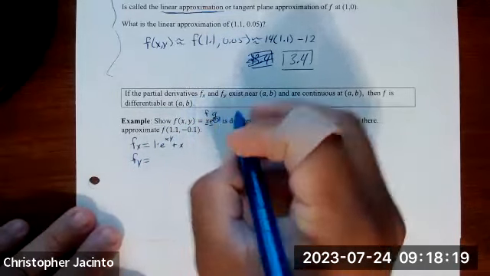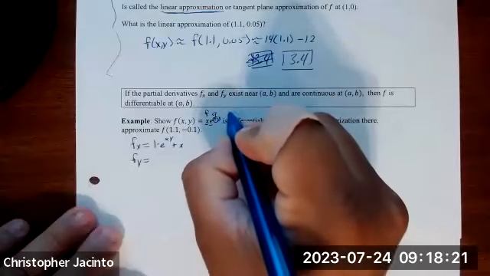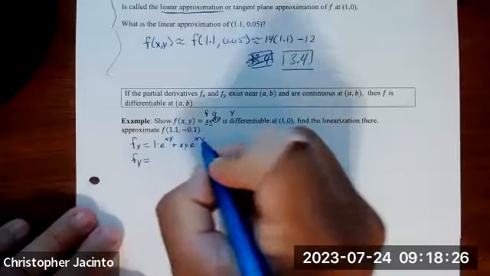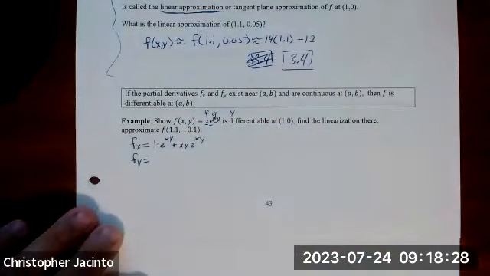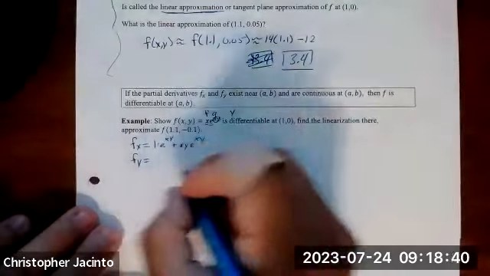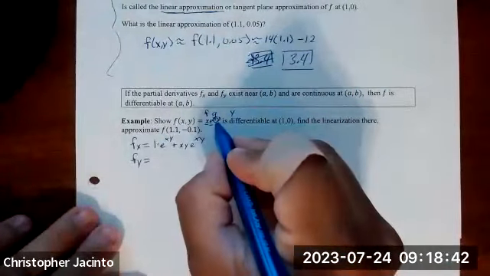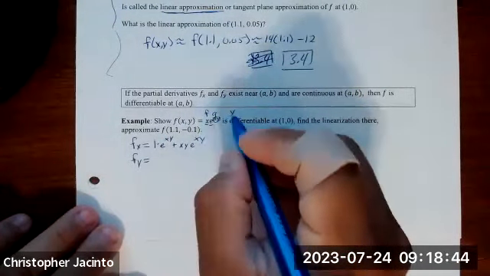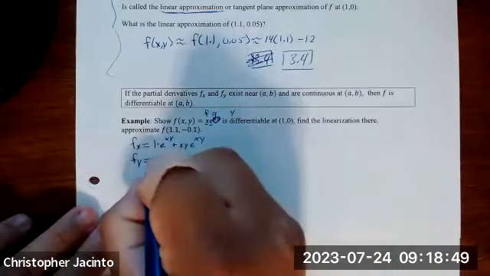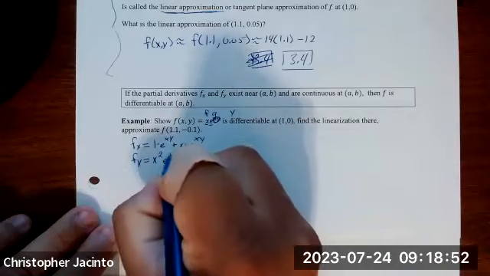The derivative of the inside is chain rule, so the derivative with respect to x is just y, times itself. And then for y, again, we do the same thing, derivative with respect to y only. Again it's a chain rule. The derivative of this one is just going to be x, so it's going to be x squared e to the xy.